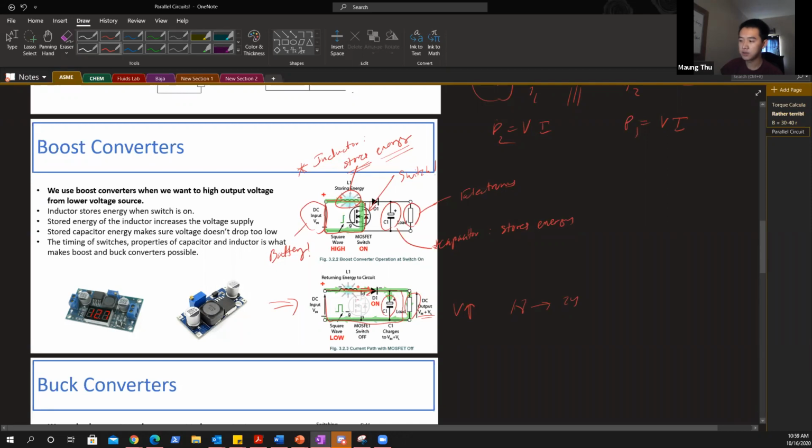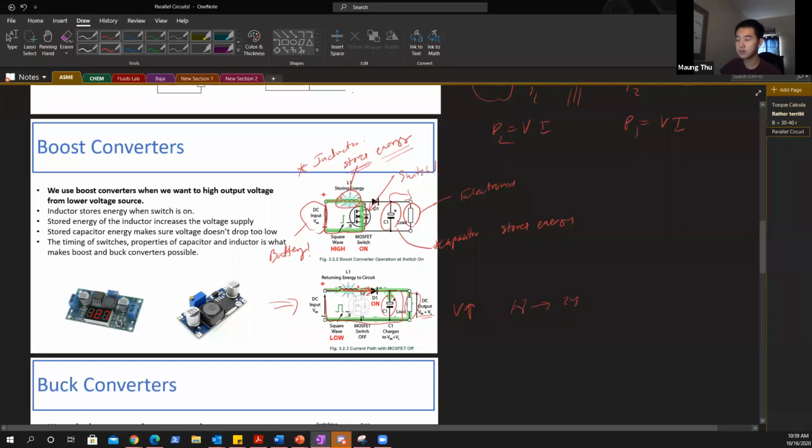Because it wants to continuously store that energy, because that stored energy is what's causing the increase in voltage on the load. But what is this capacitor doing here? Well, the capacitor makes sure that once the switch is on, it can discharge its stored energy into the load, buying some time for the inductor to store energy again.